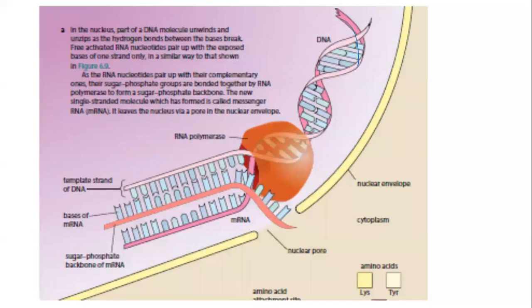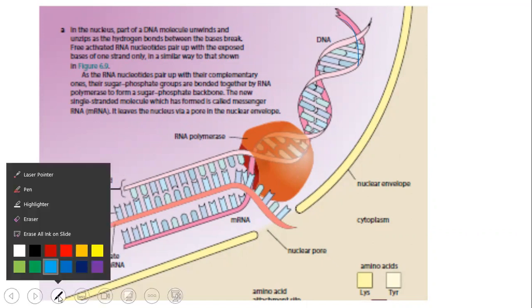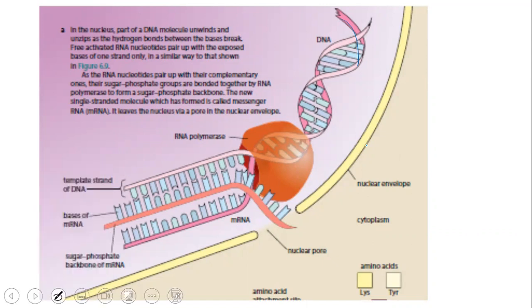Now that we're done with this, we have to go ahead and talk a little bit about our protein synthesis. Now there are two parts for protein synthesis. We have transcription and we have translation.